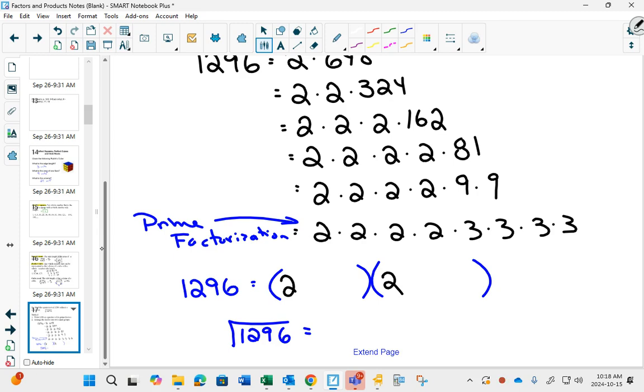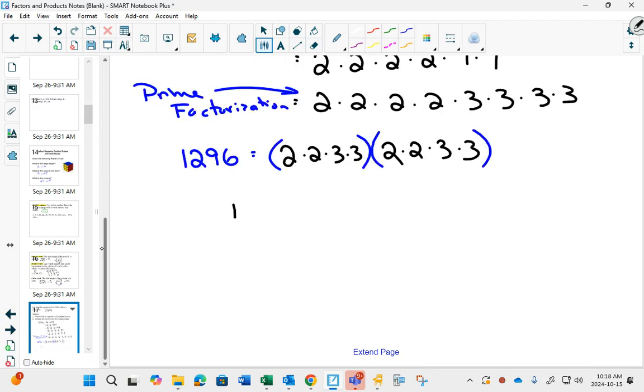Do you see that we have 4 2's? In order to break that up equally, there would have to be 2 2's in each one. And in order to split up the 3's equally, there would have to be 2 3's in each one. And then if you multiply out, maybe I'll just, before I do this line, I'll take one extra step here.